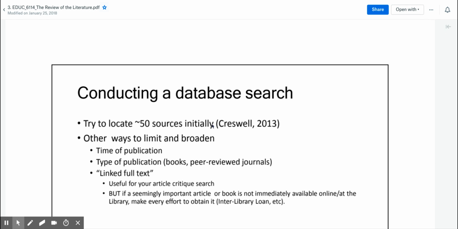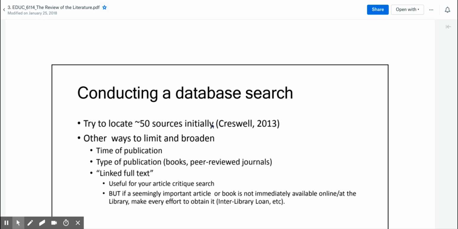All right, try to locate up to 50 sources initially. Yes, and then also the dissertation, and we don't have that. We don't have a maximum, but some. When I was a doctoral student years ago, there was one department, for example computer science, and to write a dissertation you needed to search at least 100 journal articles.